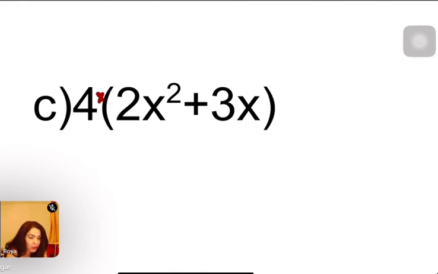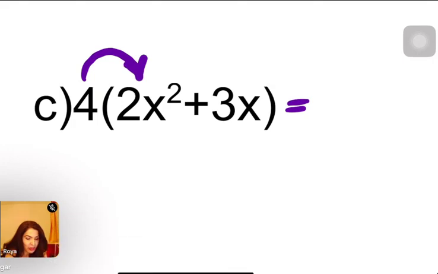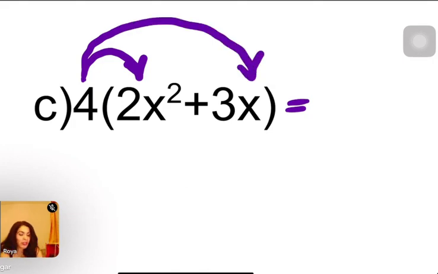We don't need to write multiplication because we have a bracket, but it's the same. So the answer is 4 multiplied by the first term and 4 multiplied by the second term.